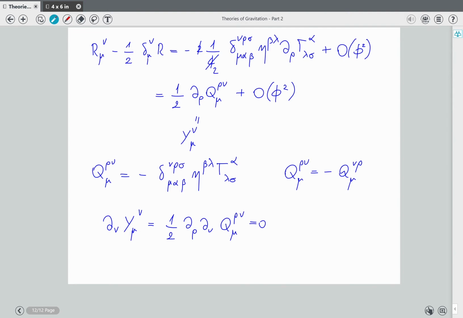And it is convenient to collect the various contributions into this kind of divergence, because the Q rho nu is anti-symmetric, and so the conservation of this is manifest because of the symmetry in the partial derivatives and the anti-symmetry in these two.